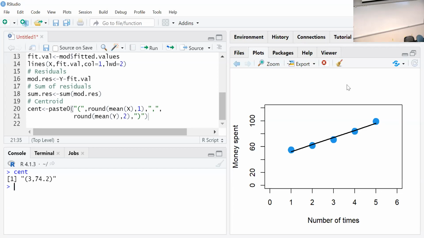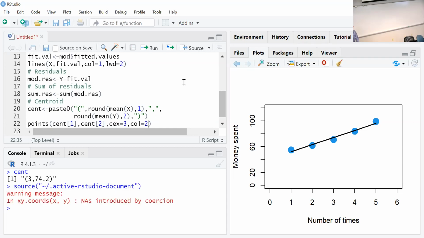So the centroid happens to be 3, 74.2. Ah, I see.